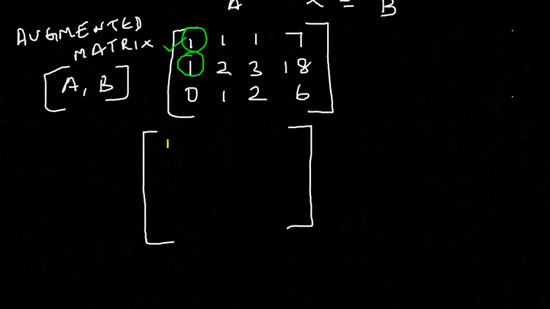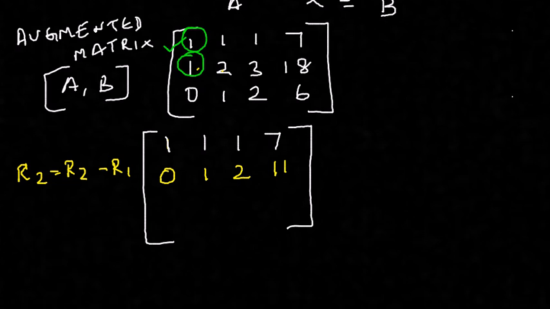We'll write the first row as it is: 1, 1, 1, 7. The second row, R2 is equal to R2 minus R1. So if I subtract, I get 1 minus 1, 0, 2 minus 1, 1, 3 minus 1, 2, and 18 minus 7, which is 11.